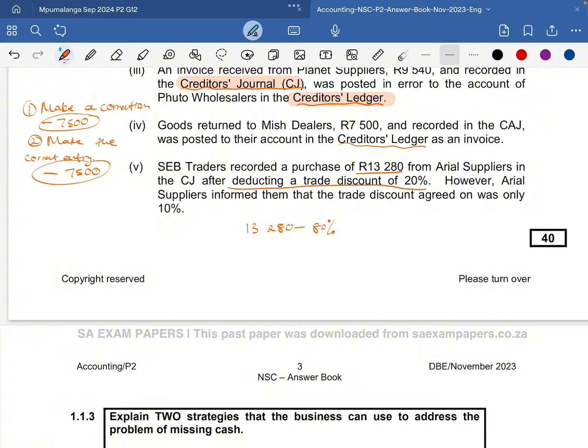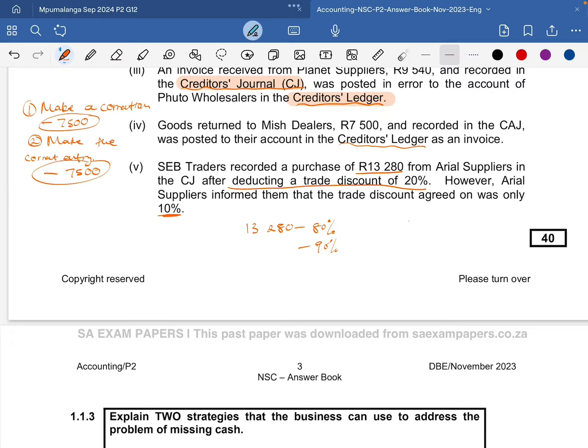So we actually need the difference between what we were supposed to pay, which was the 90%, since the discount was only 10%. But we have recorded what we owe them as 13,280. So now let's determine what the 90% should have been.